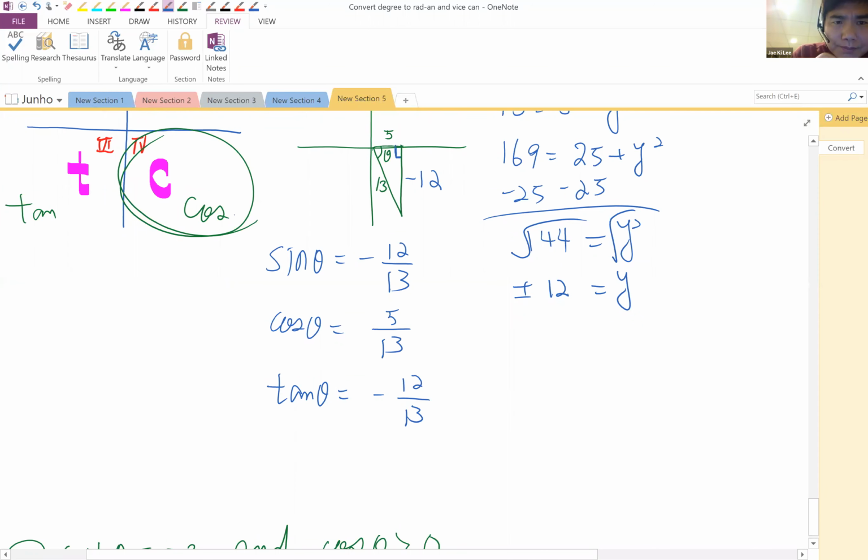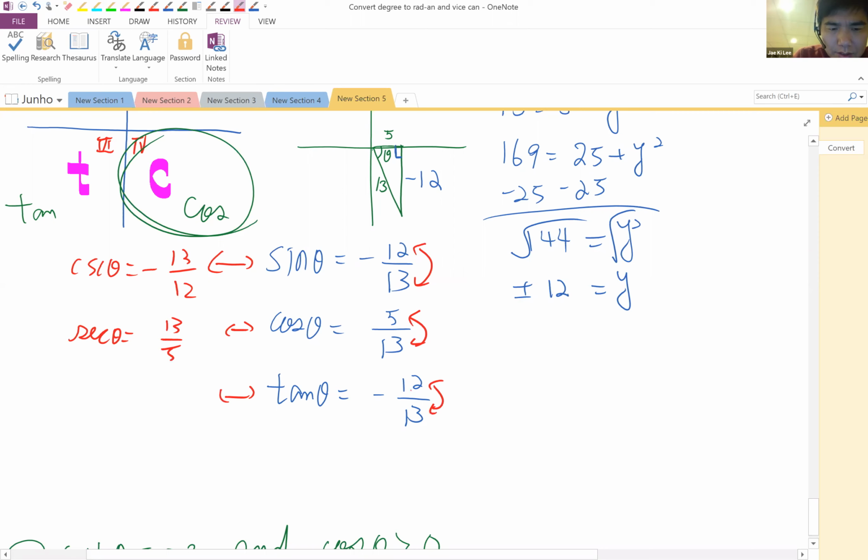Now from here, cosecant theta means negative 13 over 12. Now secant theta is 13 over 5, which is given already. Now cotangent, negative 5 over 12. Okay?